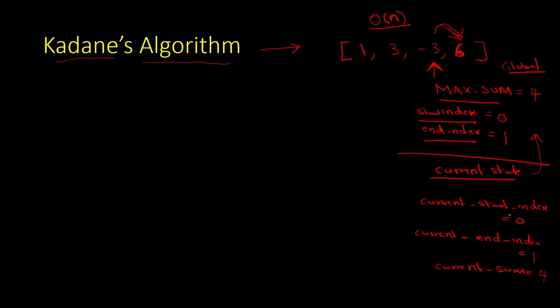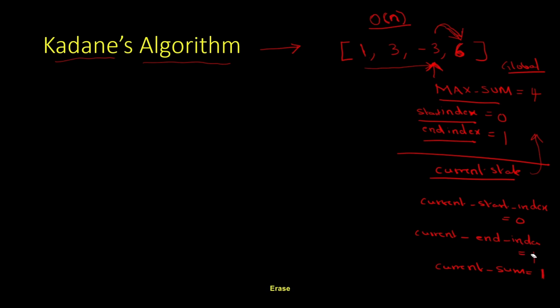What would be the current start index? It's still this. Current end index, it's still this. But now I'm getting doubtful. Should I be including this in the subarray and taking this as a whole subarray or not? Now, if you calculate the running sum, how much is it? 4 minus 3, which is 1.